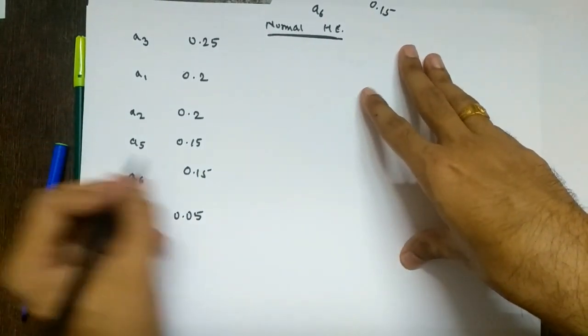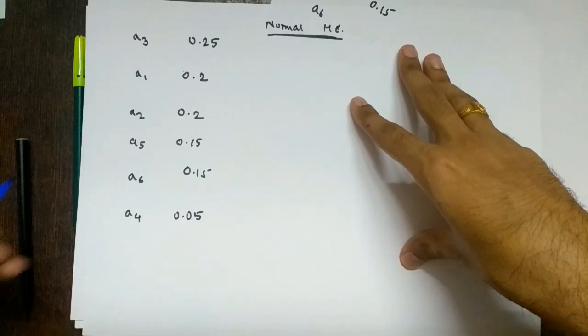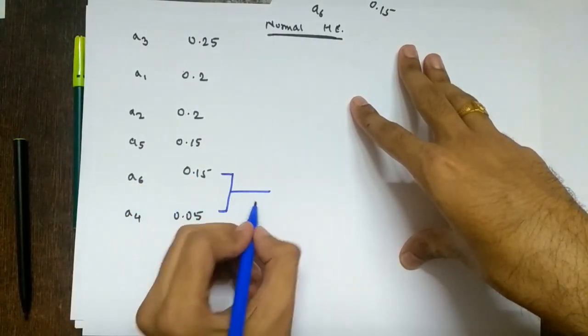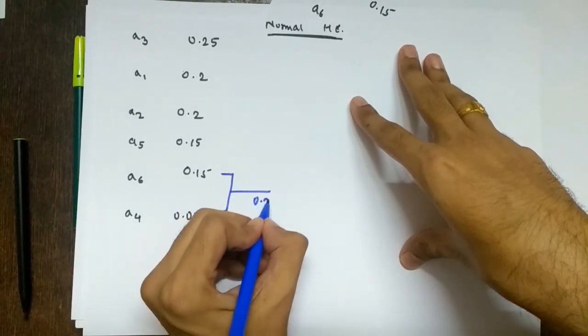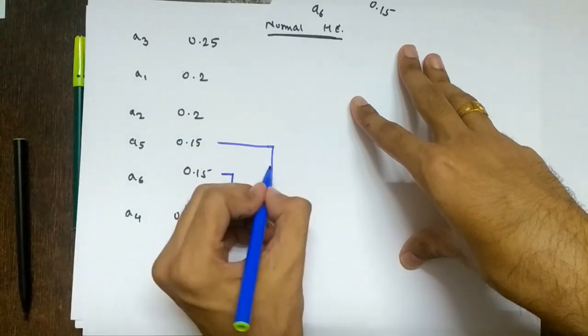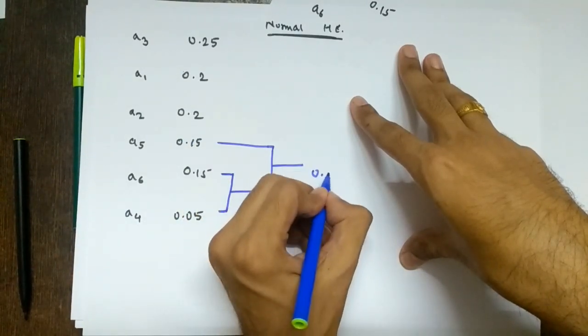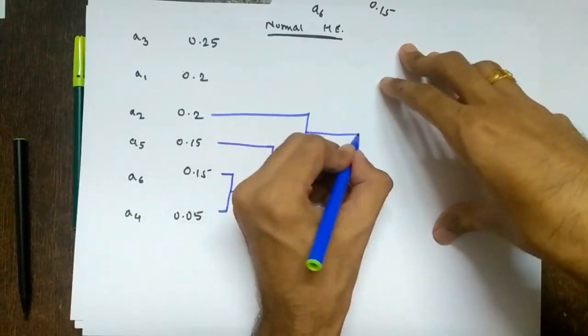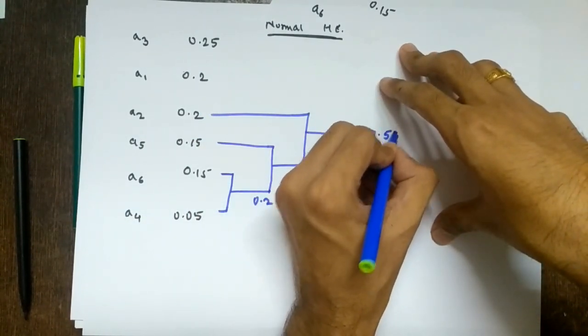Okay. So what do we do? We start from the lowest two probabilities. What we get? 0.2. Then we add with the corresponding next one. 0.2 and 0.15 gives 0.35. Then we add with this, so we get 0.55.